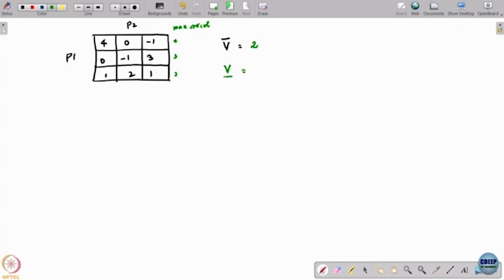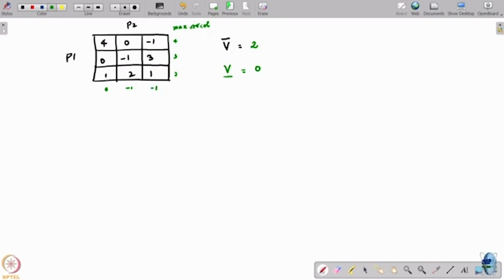V under bar, what I need to do is take the minimum over the rows in each column. Okay, so in this column, what is the minimum over the rows here? First column 0, second column -1, third column -1, and then look at the maximum out of these, which gives me 0.